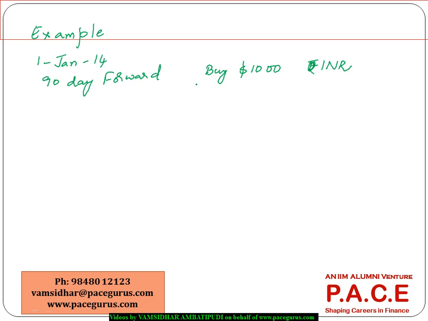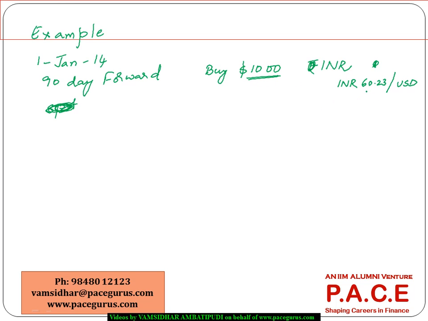And today the rates are like this. The spot rates. So the day on which I have entered into a 90-day forward contract, I have entered it at INR 60.23 per USD. I want to buy 1000 USD, right?